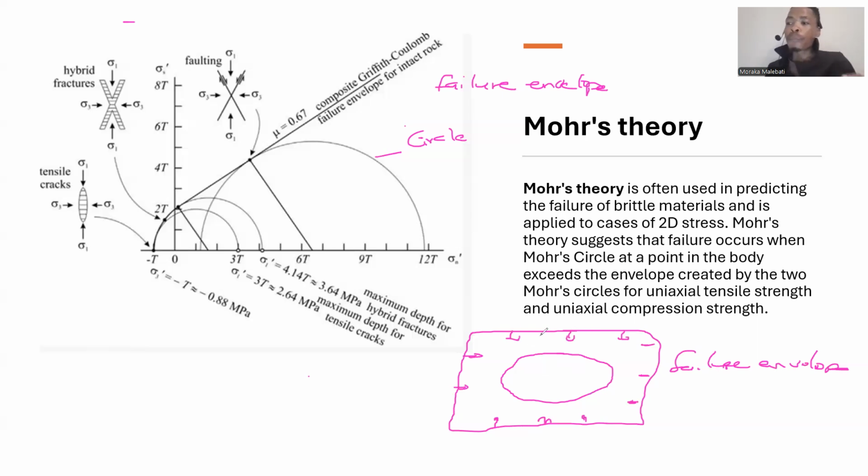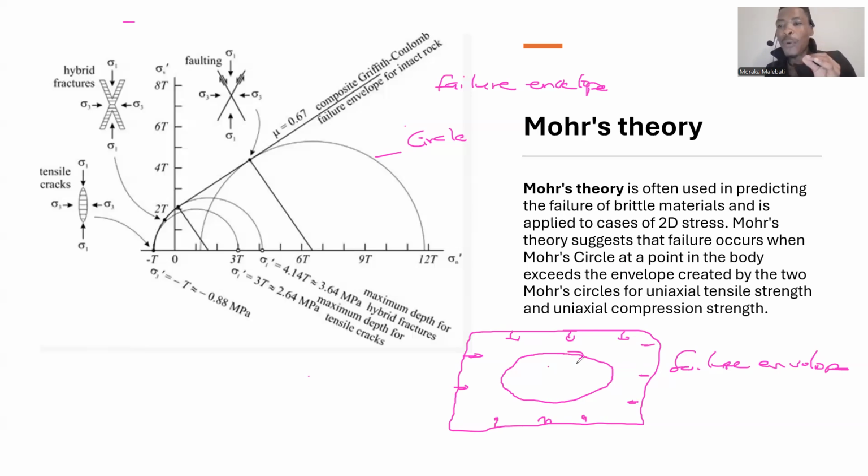Now, for the material not to fail, it means that the balloon inside this failure envelope must be of a reasonable size. It must be moderate. So I want you to imagine you inflating the balloon moderately. If you inflate this balloon moderately, it will remain within the container. So it won't touch these needles. So there is no failure.